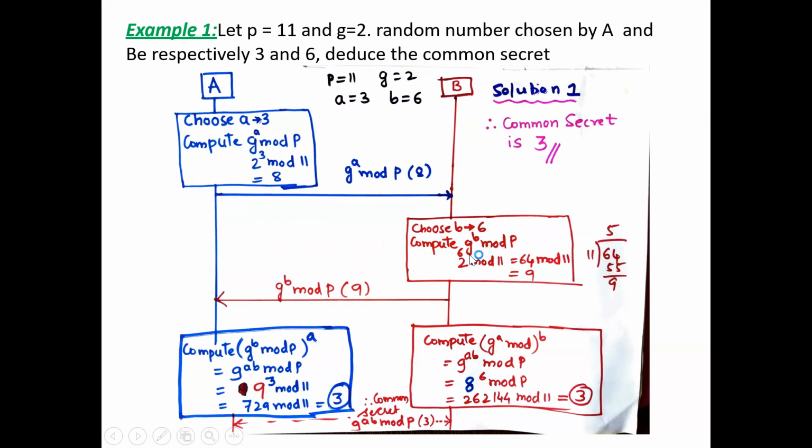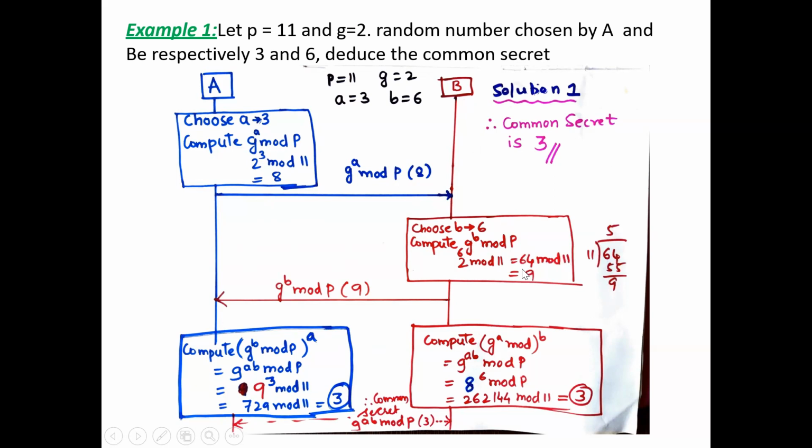So 2 raised to 6 mod 11. 2 raised to 6 is 64. For 64 mod 11, you need to divide 64 by 11 and take the remainder. 11 fives are 55 and the remainder is 9. So now 9 is the partial key computed by B.